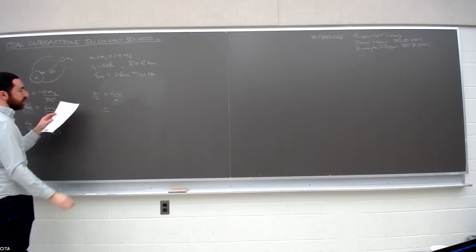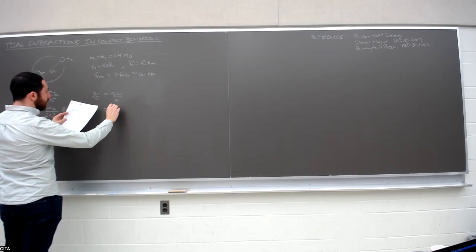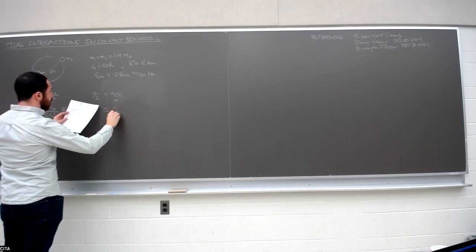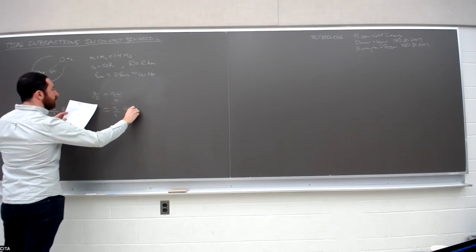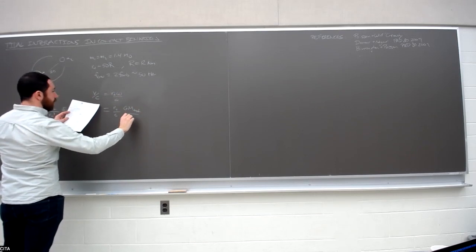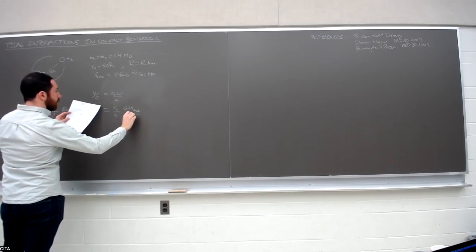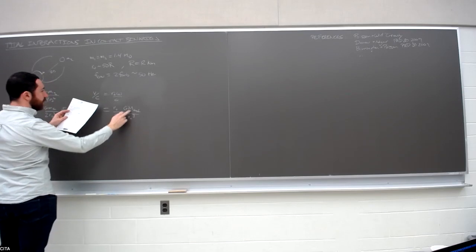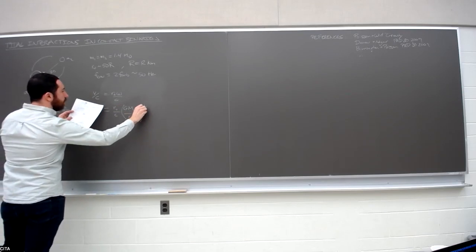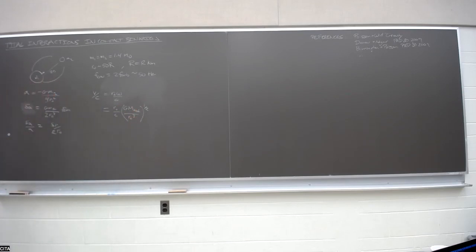For a Newtonian circular orbit, this is just r0 over c times the orbital frequency expressed in terms of the total mass and the orbital separation.